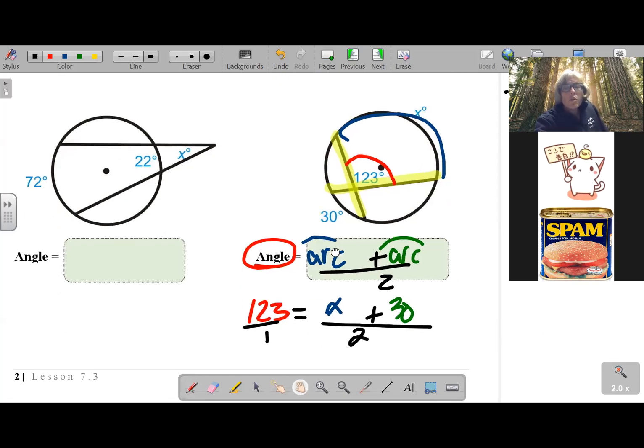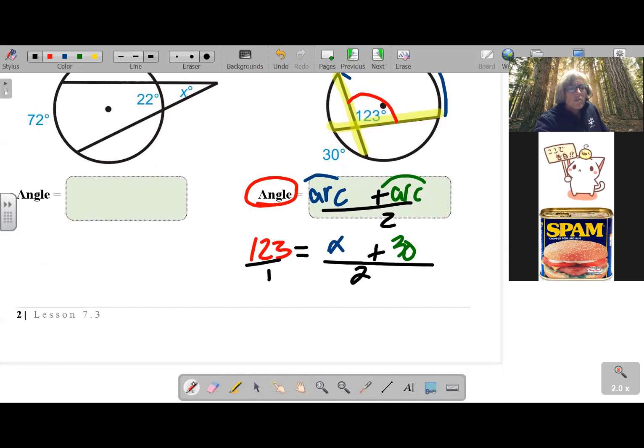Ryan, are you comfortable cross multiplying, sir? Good deal. Yes, Rebecca, you're correct. Ryan, are you comfortable cross multiplying here? If not, tell me, I'll happily go over it with you.